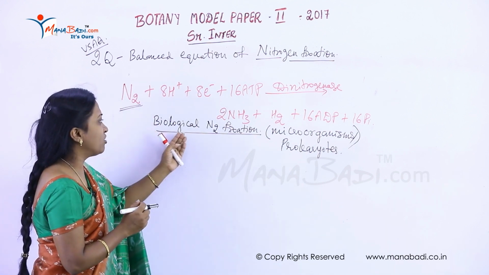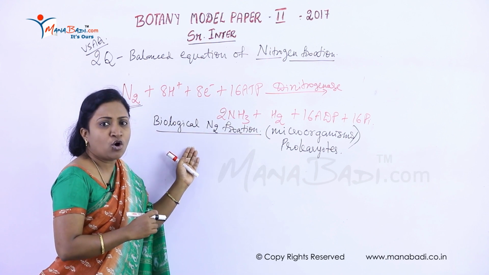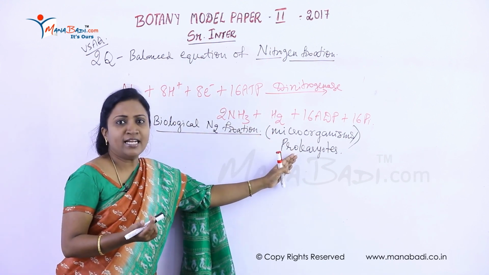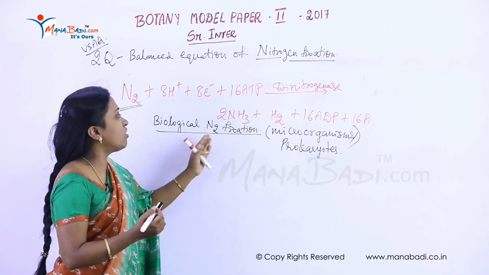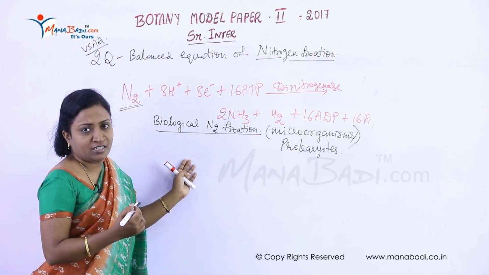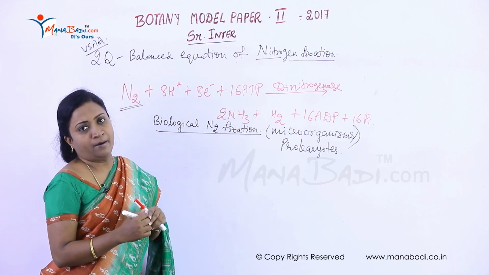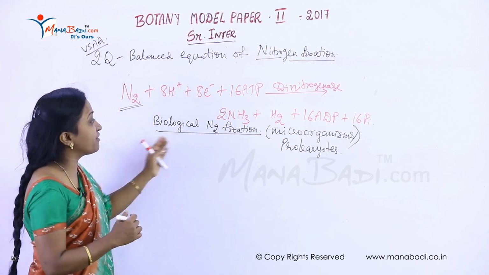Biological simply means involving living organisms. The living organisms here are the microorganisms involved in the fixation of nitrogen. This nitrogen is converted into ammonia. So that's what we can define.